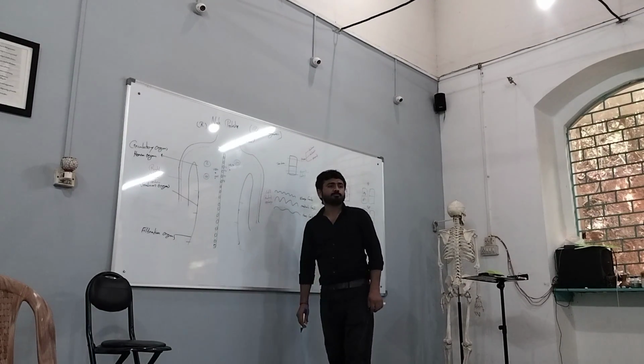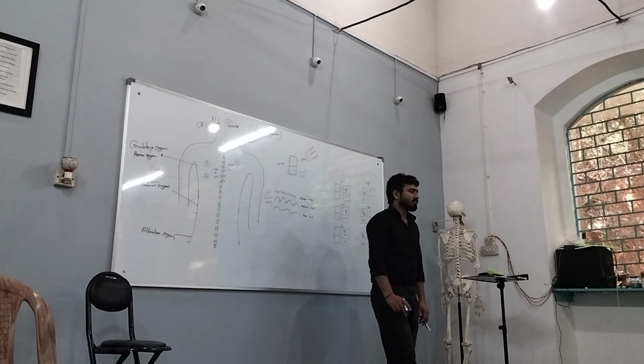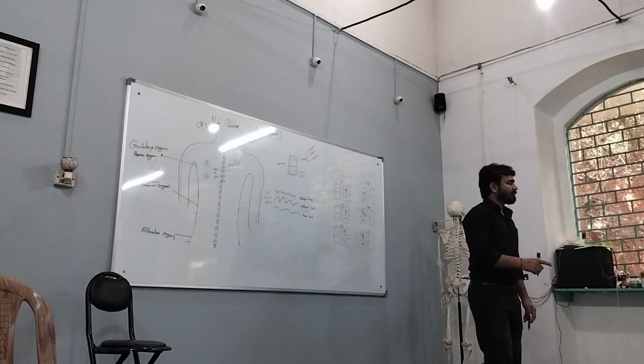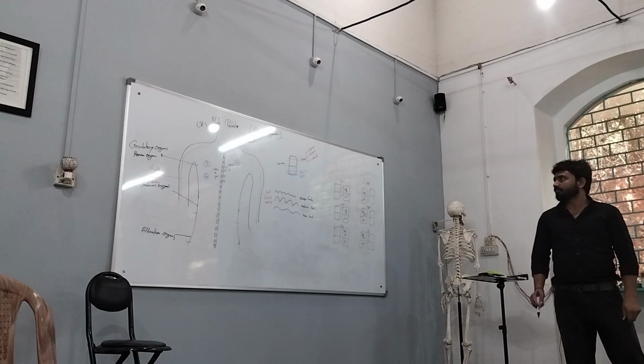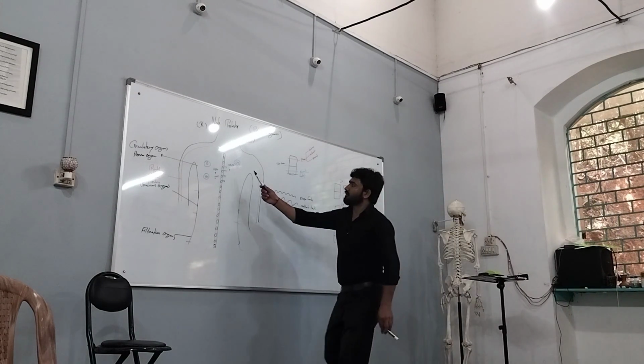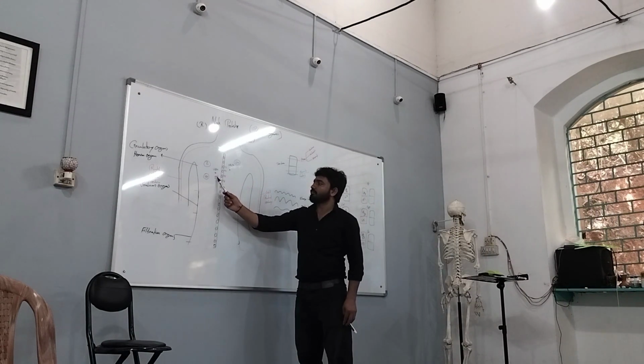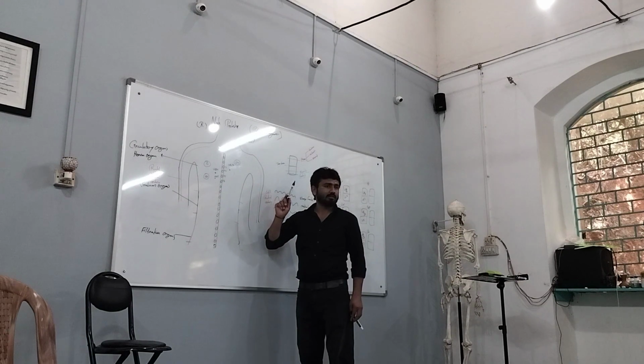So 13 for lungs, 14 for pericardium, and 15 for your heart.